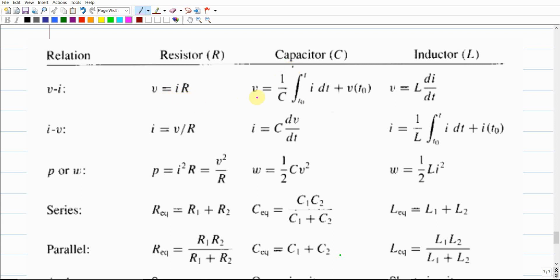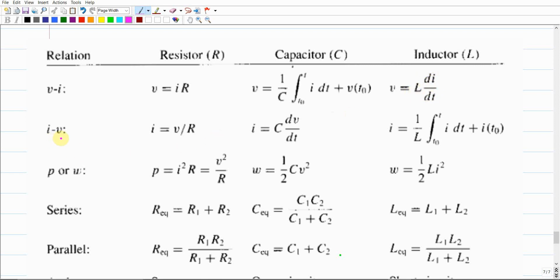For the capacitor, the voltage is 1 over C times the integral of the current over time plus V0, so the voltage is proportional to the integral of the current. For the inductor, the voltage is proportional to the derivative of its current, which is L times di by dt.